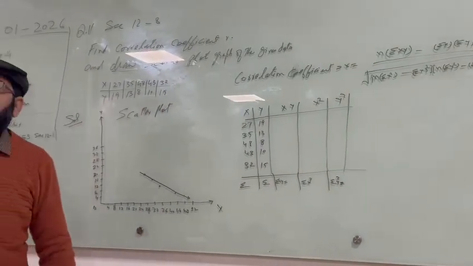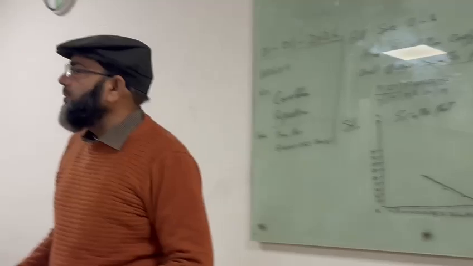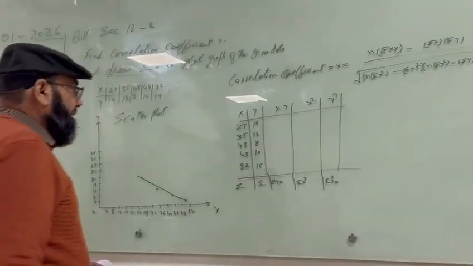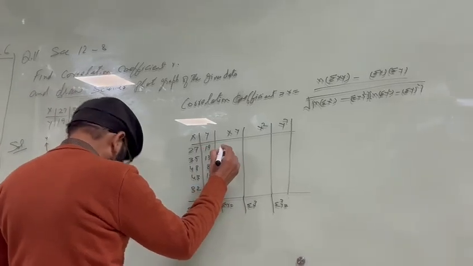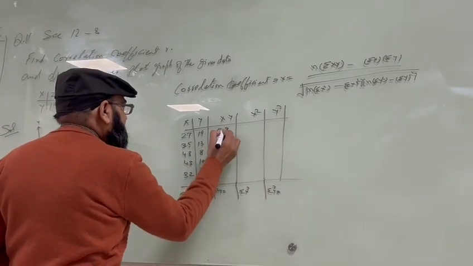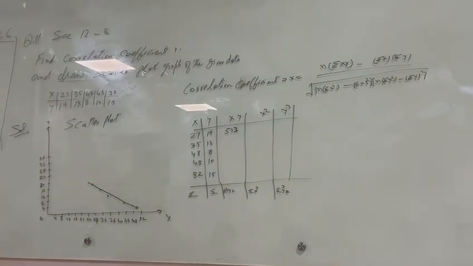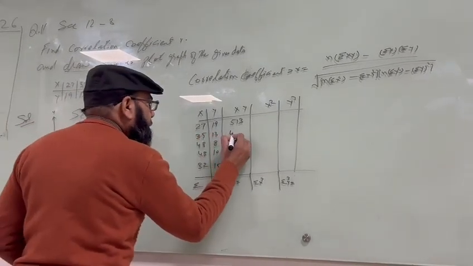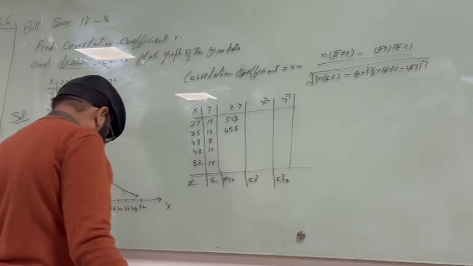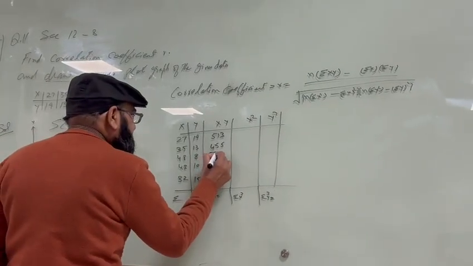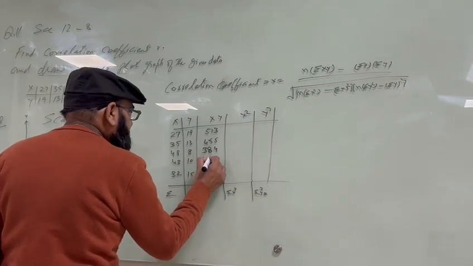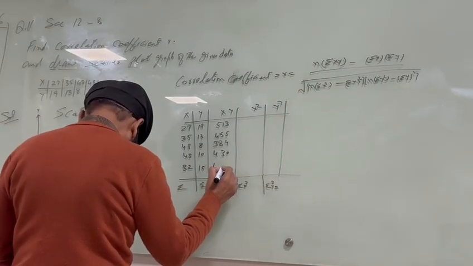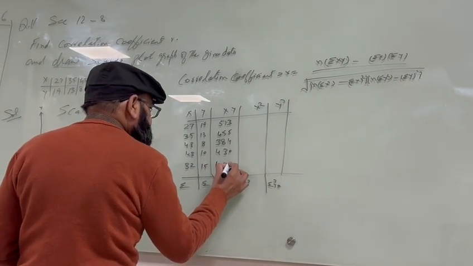So multiply x and y. Use your calculator, please. The product of x and y: 513. Next, 35 multiplied by 13, the product is 455. Then 384. Then 430. Then 480.